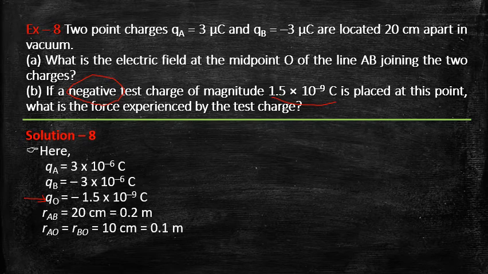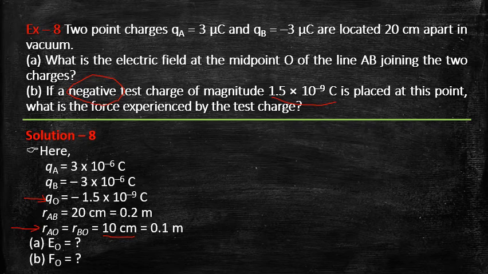We are asked to find the electric field at point O. Point O is placed in such a way that the distance of O from A and the distance of O from B is the same. It is the midpoint, so the distances are 10 centimeter, O to A and O to B. And we are also asked how much is the force on the charge QO.